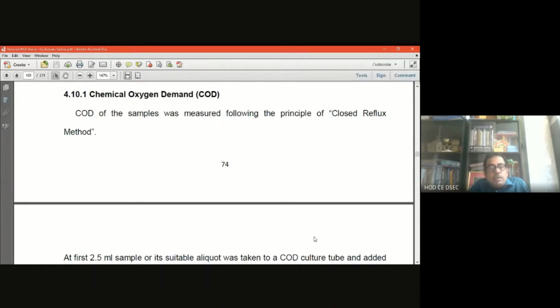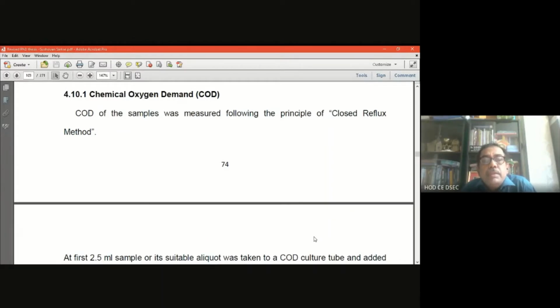Characterization of wastewater means how the parameters can be determined practically. That I will show you, and what method is used for determination of the COD in the laboratory, how the COD value can be obtained.